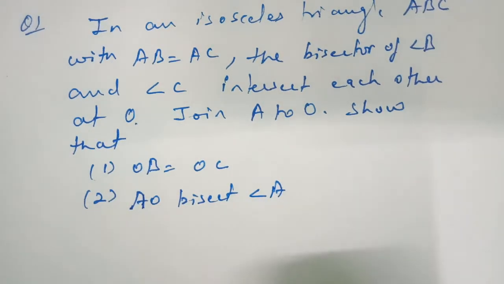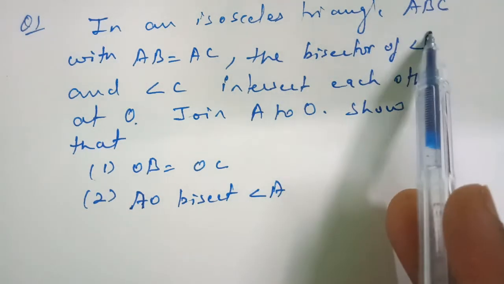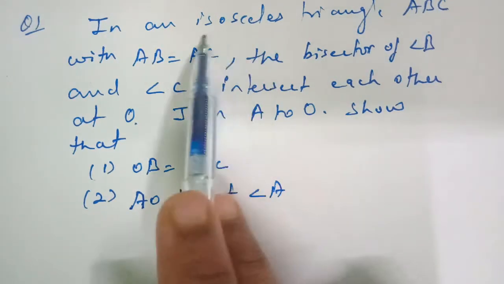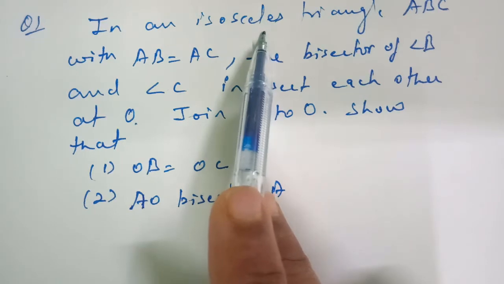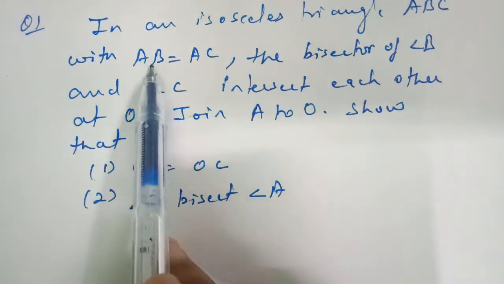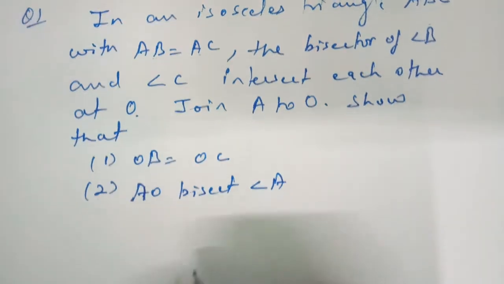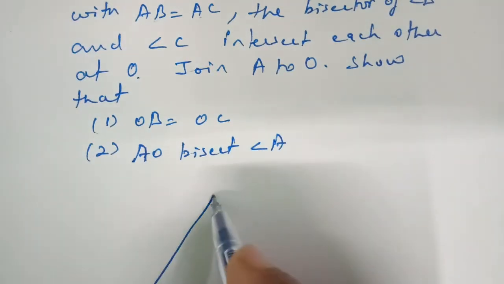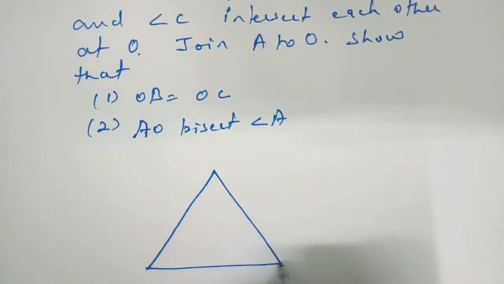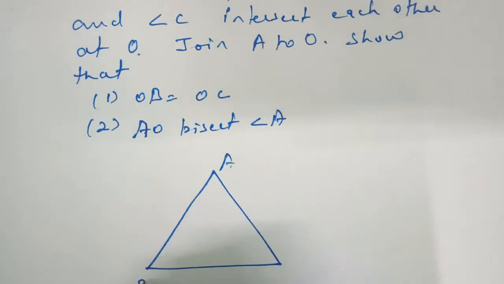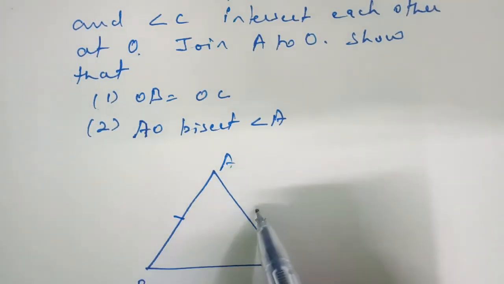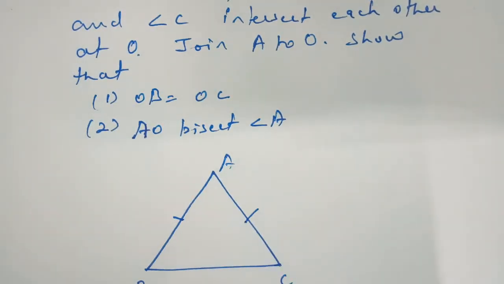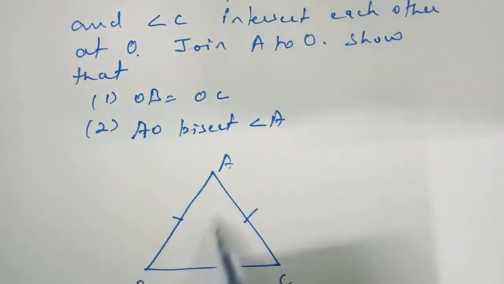So let us first draw the figure. In an isosceles triangle, we know that an isosceles triangle means such a triangle in which any two sides are equal, and the names of the equal sides are also given. So let us take the triangle first. We have a triangle ABC. In this triangle, AB is equal to AC. Now let us revise the property.